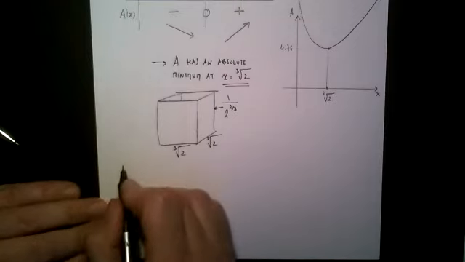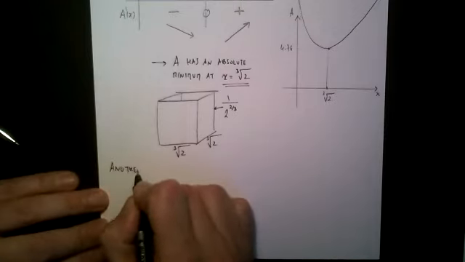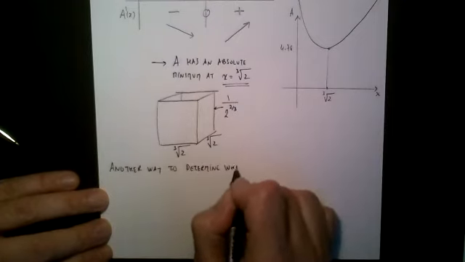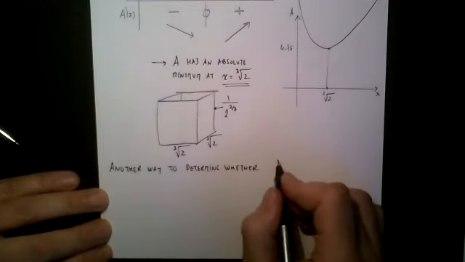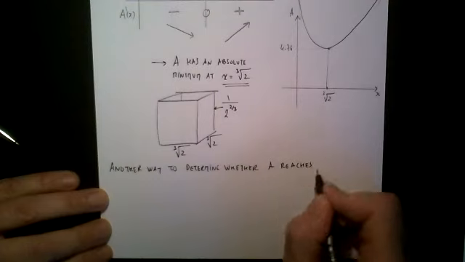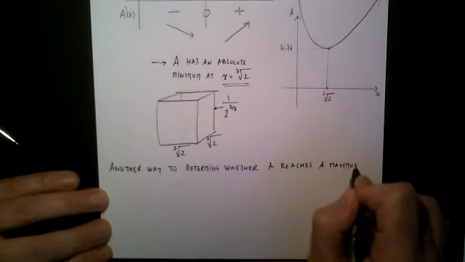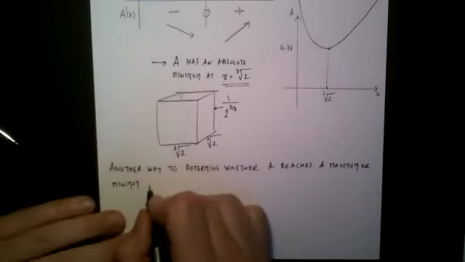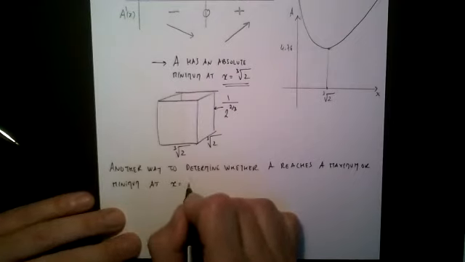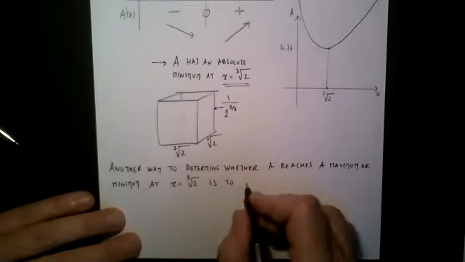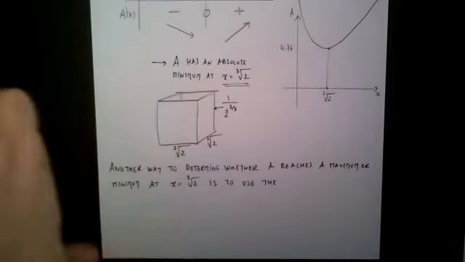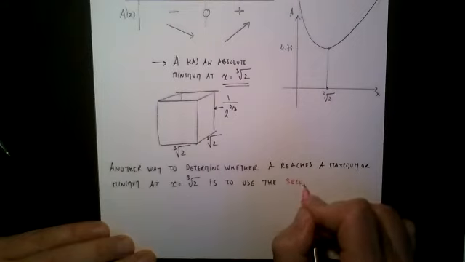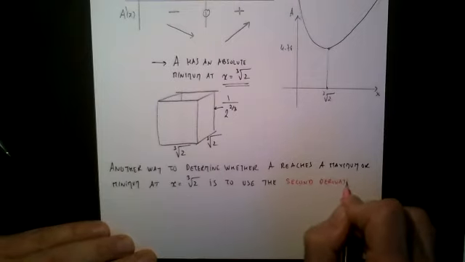So another way to determine whether A reaches a maximum or minimum at x equals cube root of 2 is to use what we call the second derivative test, which we're going to do much deeper in curve sketching, but might as well introduce it here. Second derivative test.